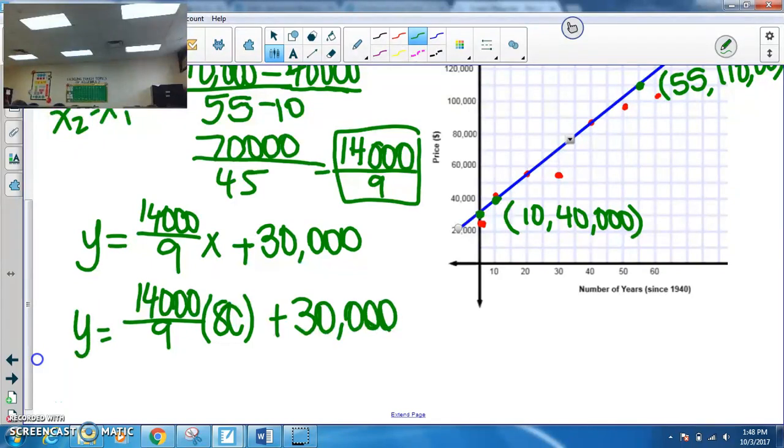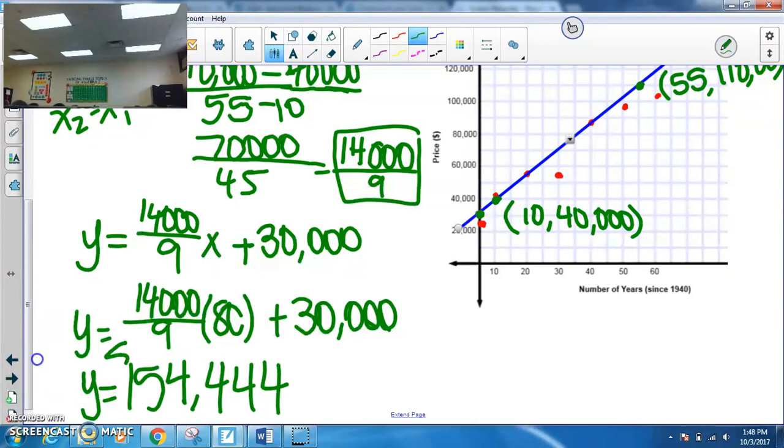So y, or the median price of homes in 2020, would be $154,444. Of course, this is an estimate. That's all for today.